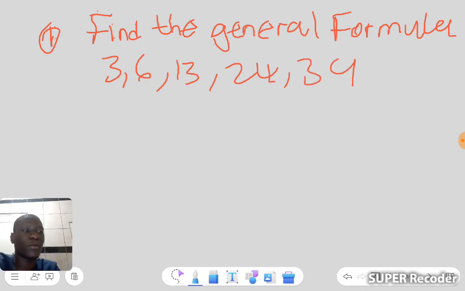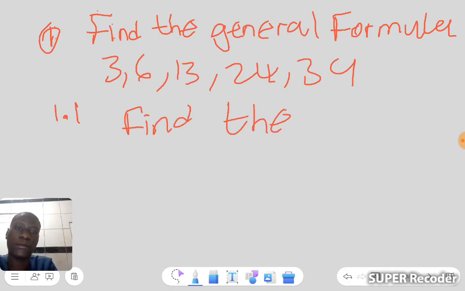Find the general formula. Then 1.1, find the 50th term, right?